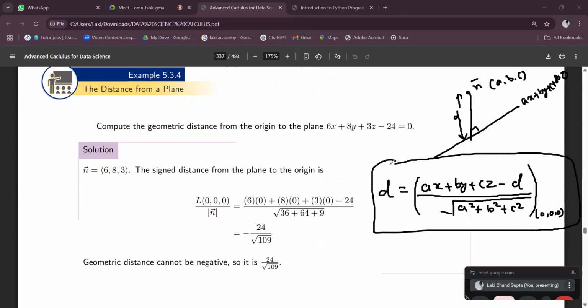This is the distance formula, and distance is always positive, so you can take modulus. Okay, what is this? It means that suppose you want to find the distance of this from the normal vector, so what will you do?